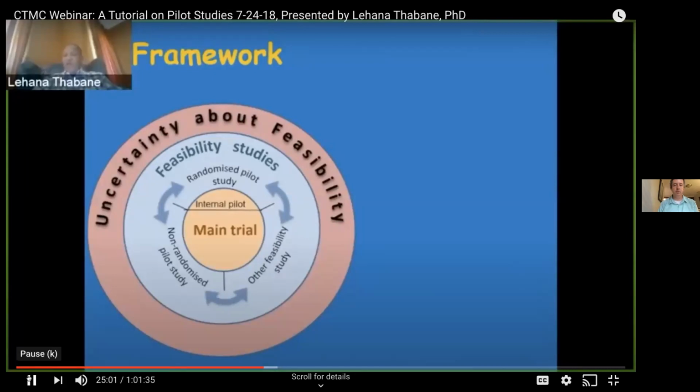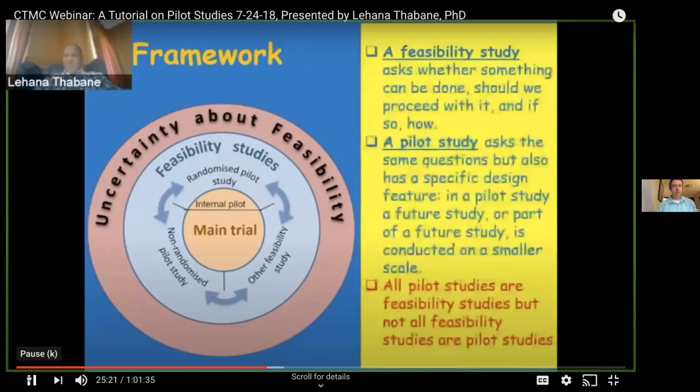Or you can actually then do a smaller part which is randomized, which really mimics what the main study will look like. Or you could do what we call an internal pilot, where you're trying to assess something at the beginning, but those patients still become part of the main trial. So our framework actually changed.